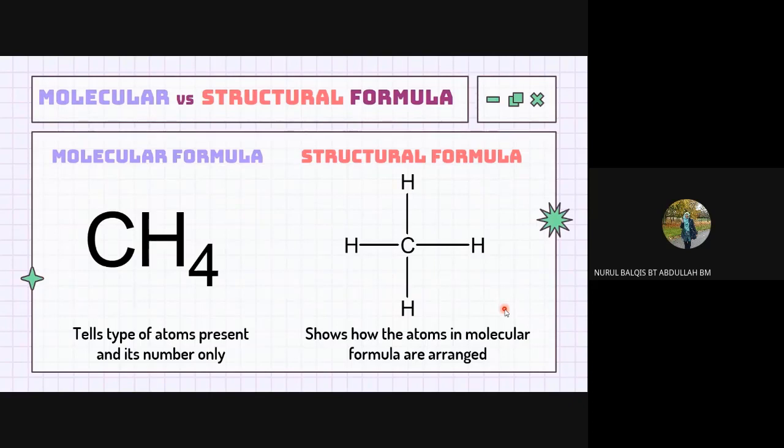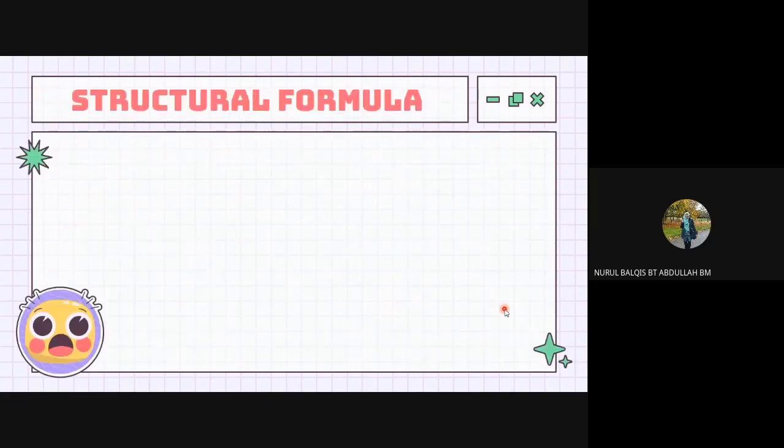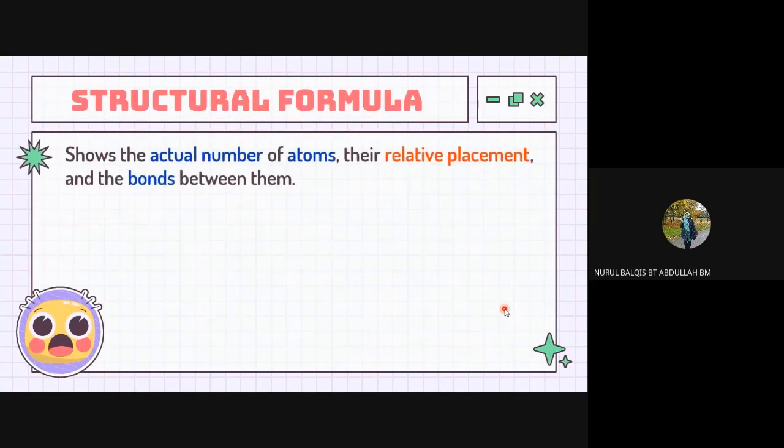Just nak tahu carbon boleh buat berapa banyak bond. Nitrogen boleh buat berapa banyak bond. Oxygen boleh buat berapa banyak bond. Faham? Okay. So bila lukis, kalau kat mana perlu letak lone pair, tolong letak lone pair. Because they will affect the reactions taking place on that particular compound. Okay. So structural formula is basically they show the actual number of atoms, relative placement and the bonds between them.